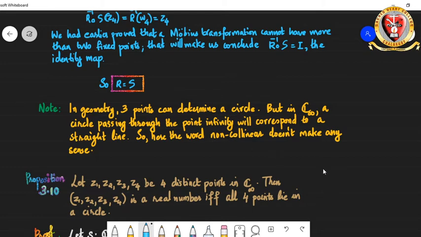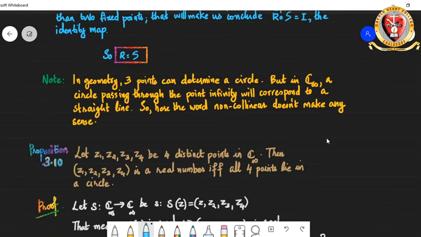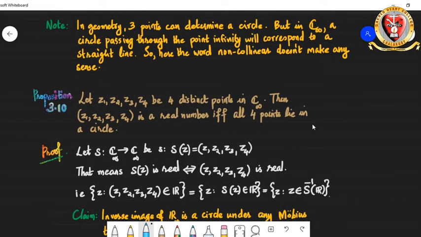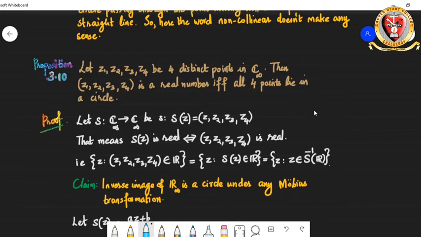The next proposition is Proposition 3.10, which is a very important proposition. I know that you all are familiar with the lecture notes, but I think you should also move through the video lecture so that every logical movement throughout the proof is very clear.